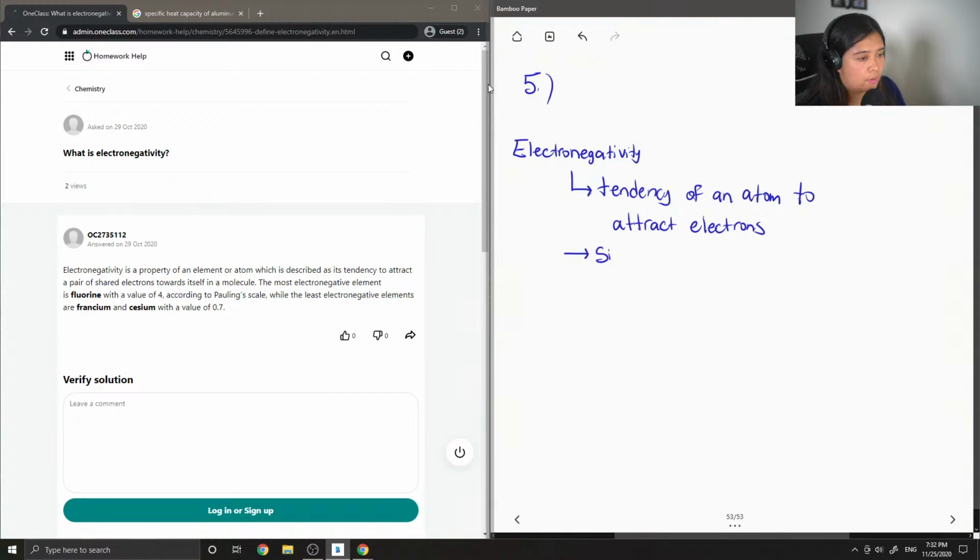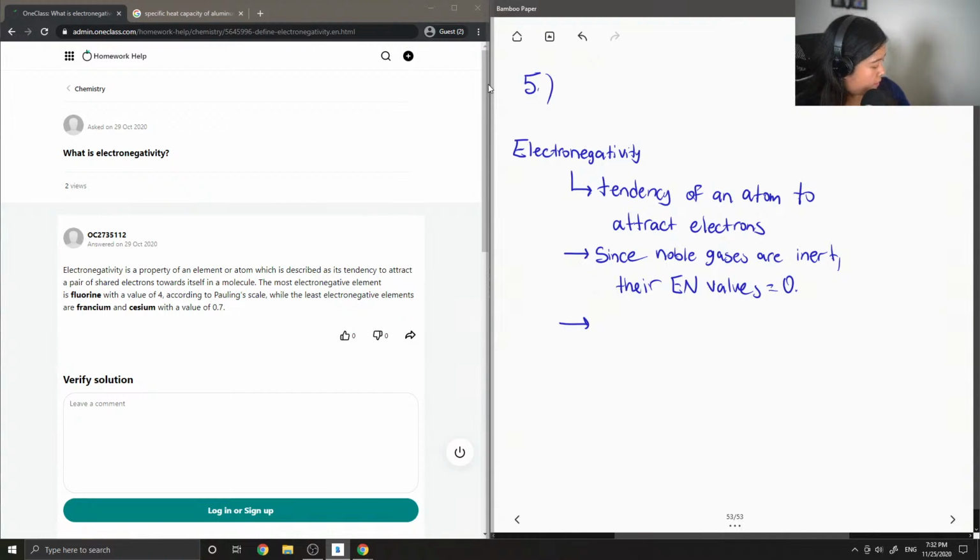So, for example, since noble gases are inert, their electronegativity values are equal to 0.